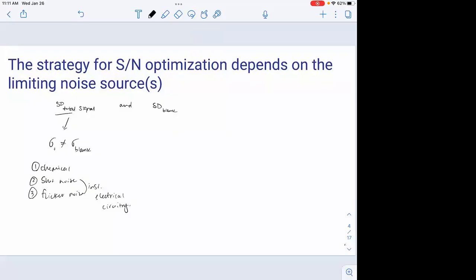Okay, so let's say that you measured the standard deviation of the total signal, and then you measured the standard deviation of that blank.